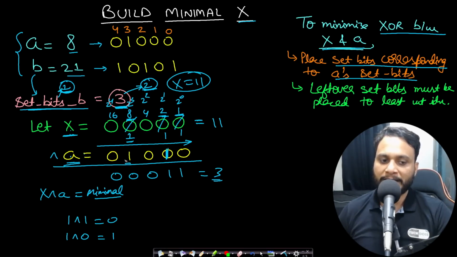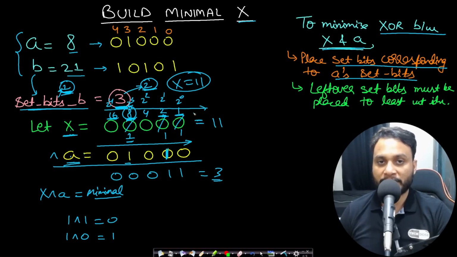Well, definitely it is optimal that I place this set bit at 8, because it is better that we cancel out the weight 8 rather than placing a set bit at this weight 2 and cancelling out 2, and 8 will remain, right? So that is why whenever I am cancelling the set bit, it should always happen from the highest weightage to the lowest weightage, moving left to right.